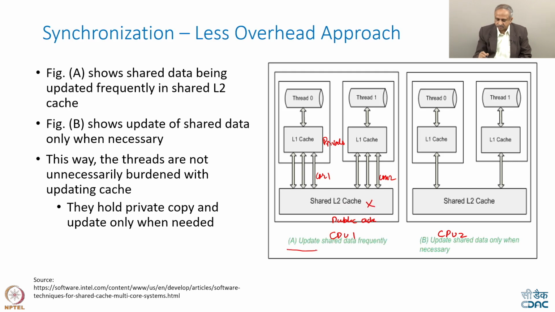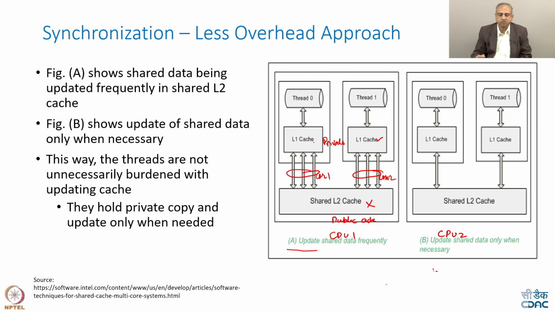This figure shows that whenever the private cache is updated, the public cache is also updated. Same is the case here. Thread 2, when it updates the private cache, it also updates the public cache, and you can see that there are multiple writes happening between the L1 and L2 caches.